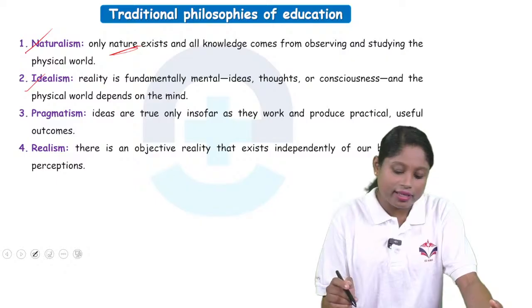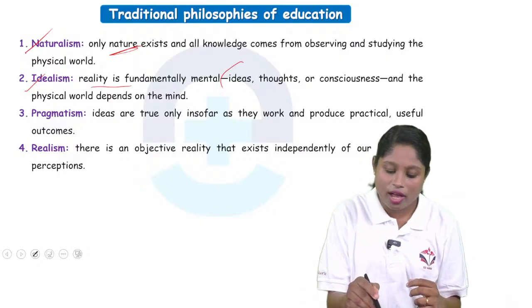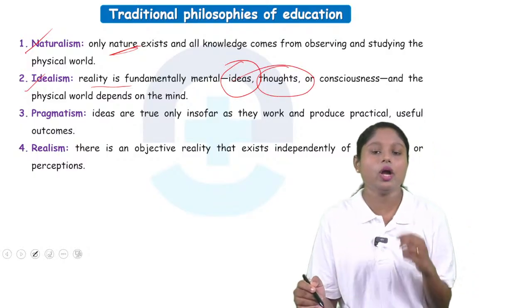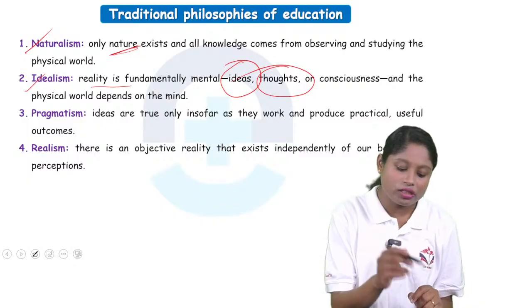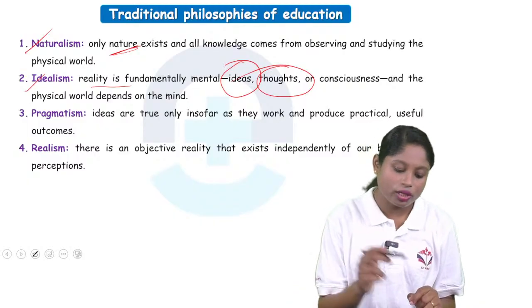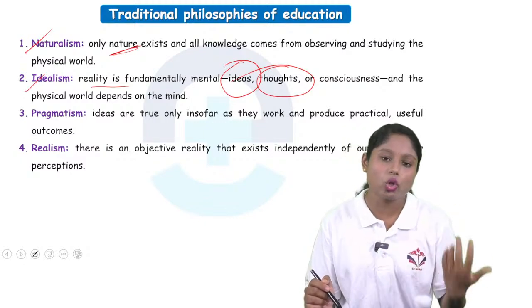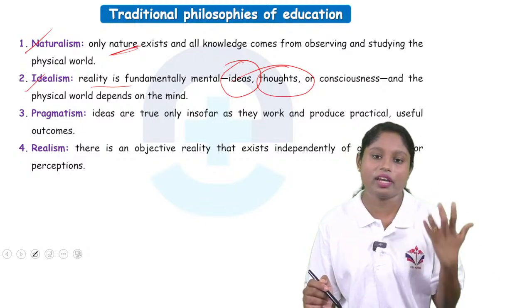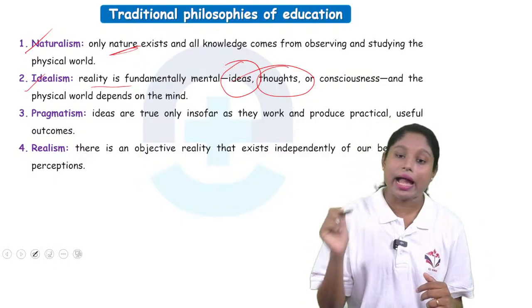Next is idealism. Here reality is fundamentally mental ideas. The focus is on ideas, thoughts or consciousness, and the physical world depends on the mind. So that is idealism, based on ideas. Through ideas or thoughts, knowledge is derived.